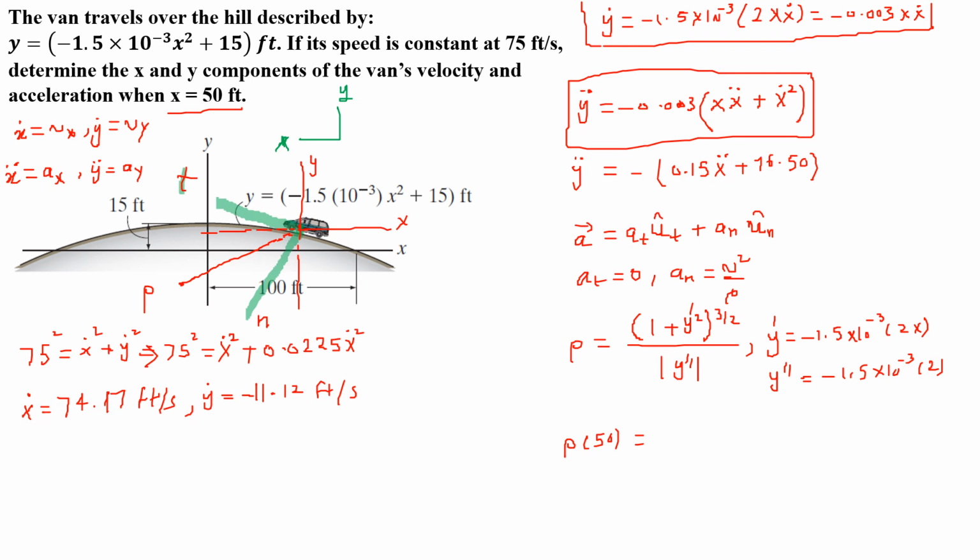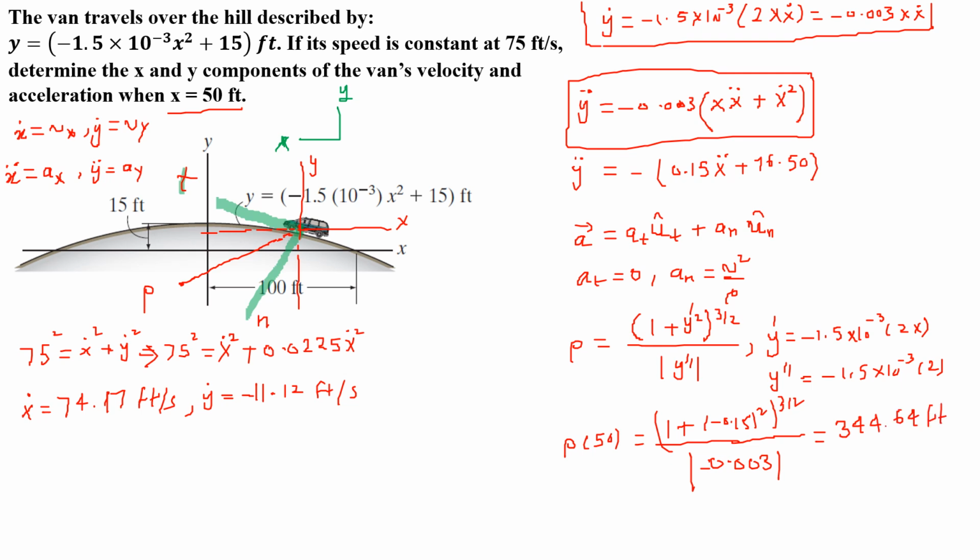So now I have 1 plus negative 0.15 squared, everything raised to the power 3 over 2, over the absolute value of negative 0.003. The answer I got for rho is 344.64 feet.